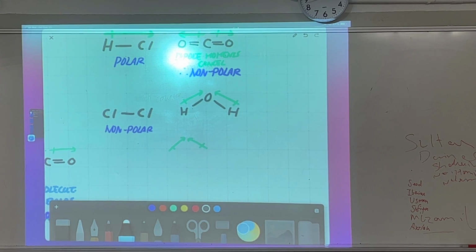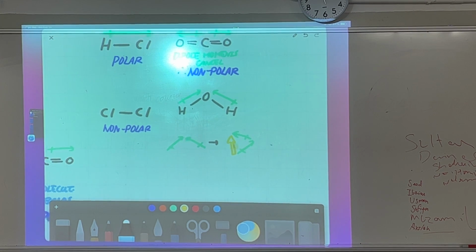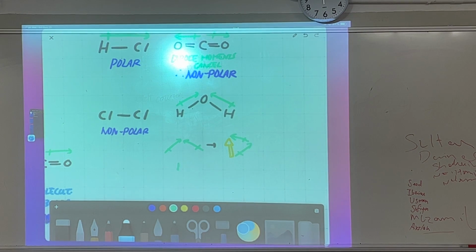So this becomes this. And what is the net dipole? The net dipole will be pointing up, like you mentioned. That means they do not cancel. If they cancelled, there wouldn't be any arrow pointing up at all. So the green thing means dipole moments.